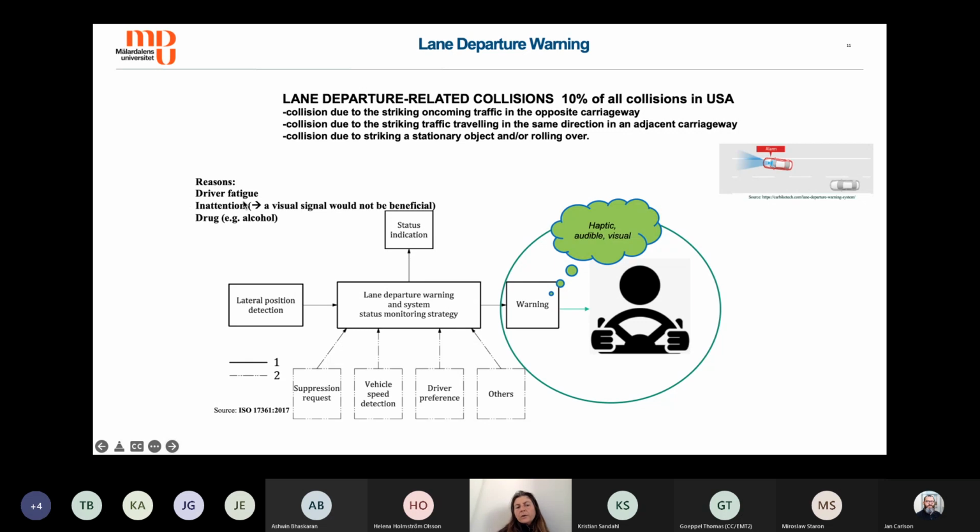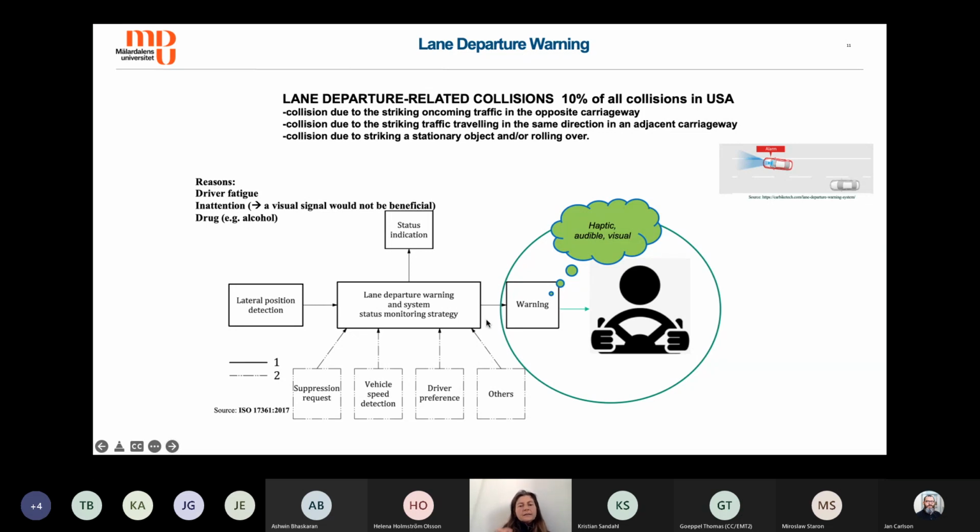But I want to highlight here that these lane departure related collisions are due to various reasons, and the reasons that are highlighted in the literature are driver fatigue, inattention, drugs.